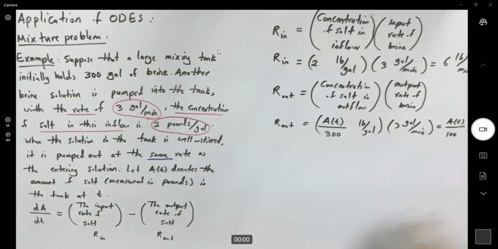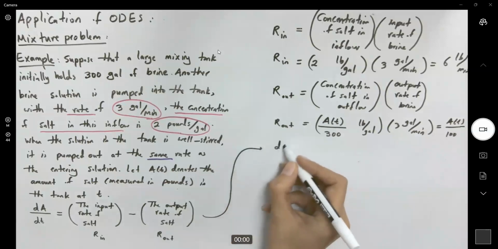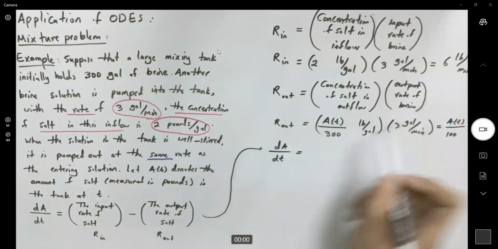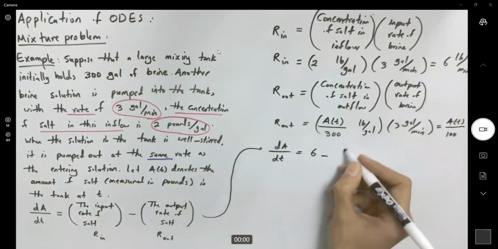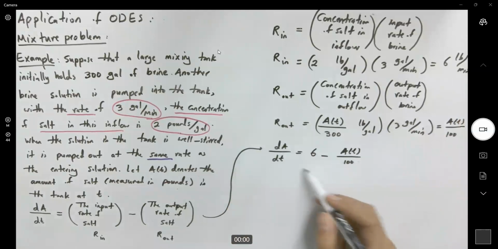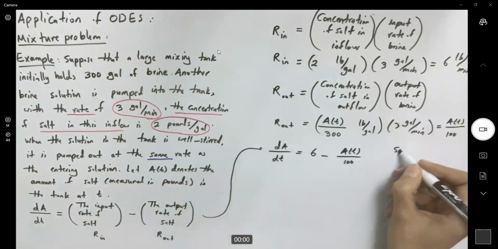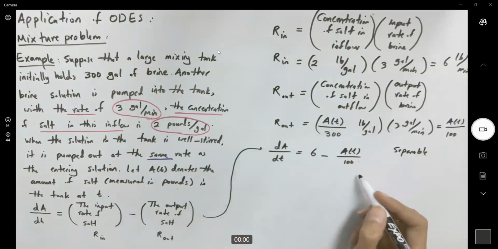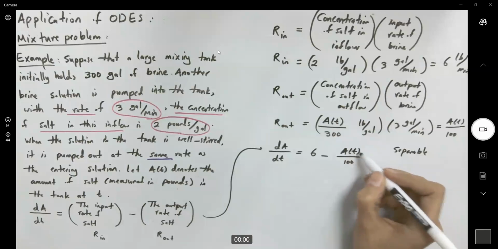There you go. We have our differential equation. It says the rate of change with respect to time is equal to 6 minus A of t divided by 100. First of all, this differential equation is separable. You can check to see if it's linear or not. Of course, it's linear.